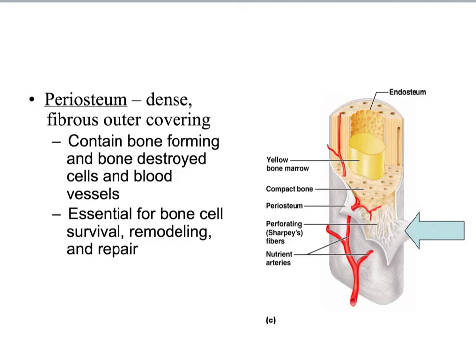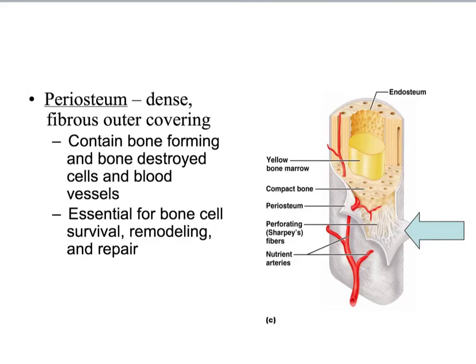The periosteum is this really thick, dense covering around bones. So you have the bone itself, and then the periosteum is in that picture there. It's the white outer covering there. And it's very strong, it's very dense, and it helps provide protection for that bone. It's kind of like wearing a coat.